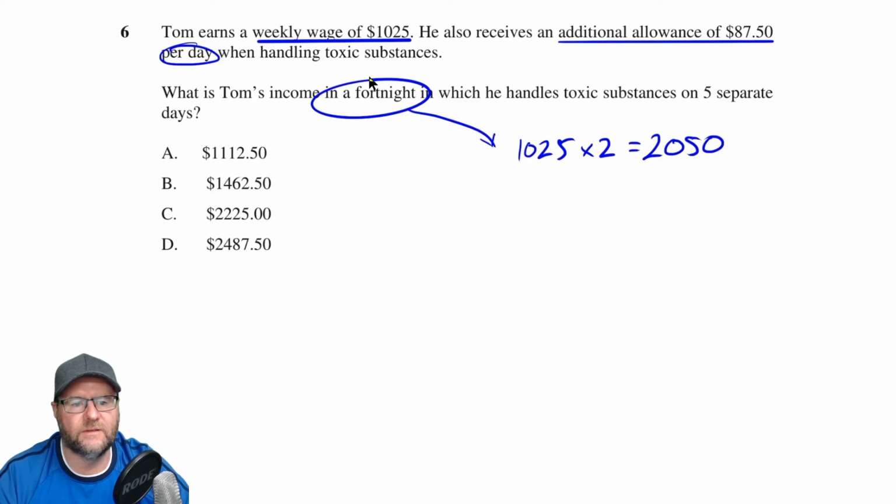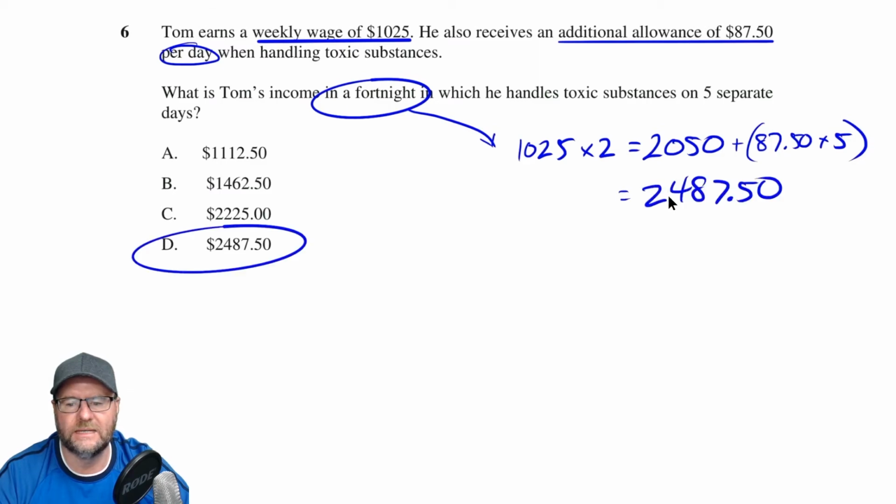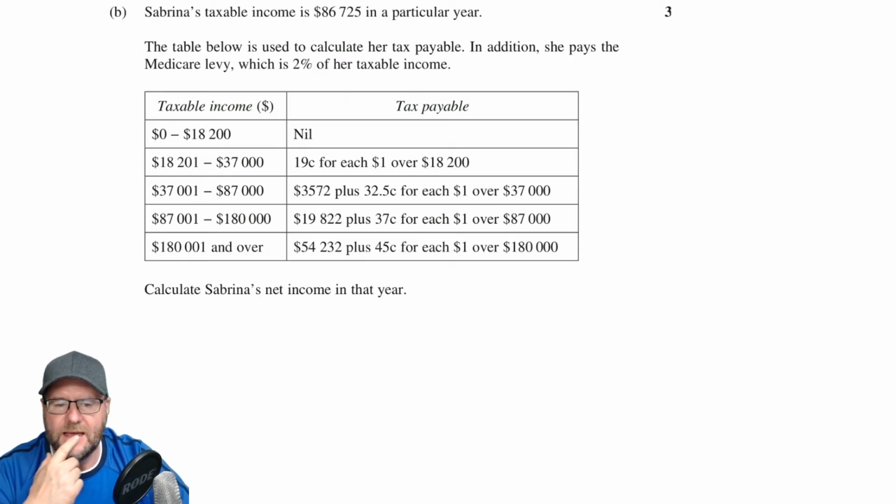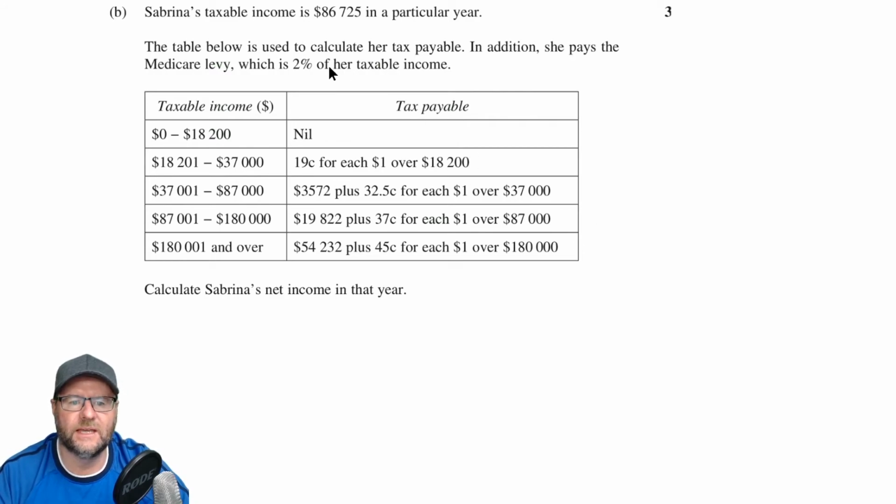It's $87.50 per day, and the question says he did that on 5 days. So there's 5 lots of $87.50 to add. So his income is going to be the $2,050 plus the allowances, $2,487.50.